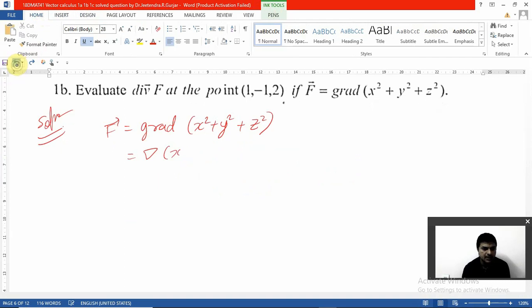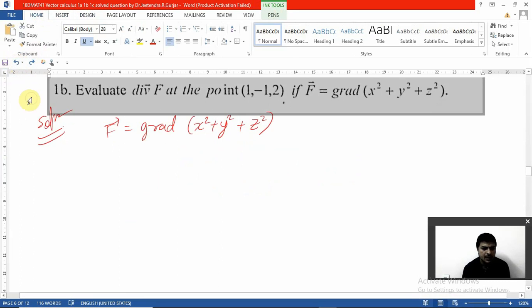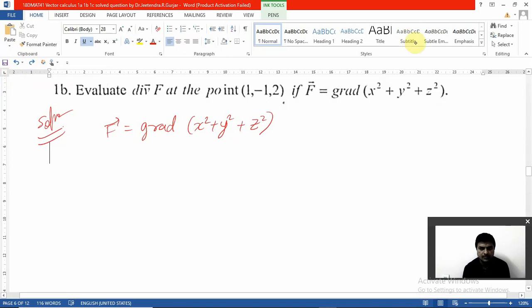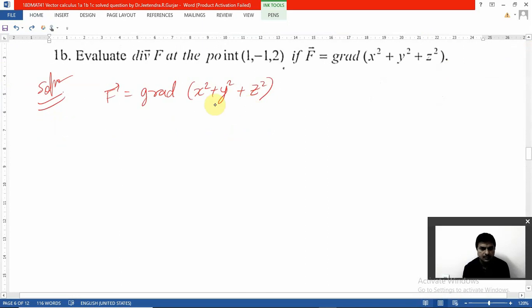Okay, now you can see I'm going to take only gradient of x square plus y square plus z square as dou upon dou x square plus dou upon dou y square plus dou upon dou z square. This is enough students. So when you differentiate, you will get this as 2x plus 2y plus 2z.